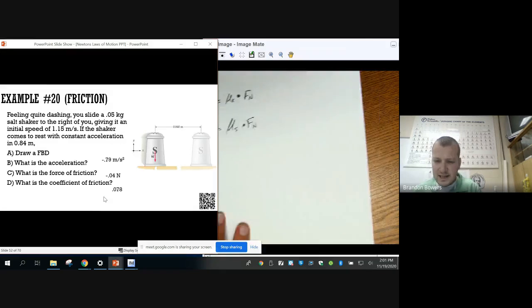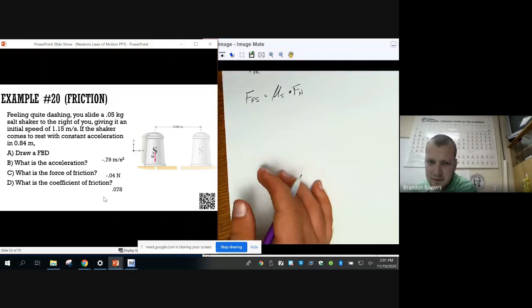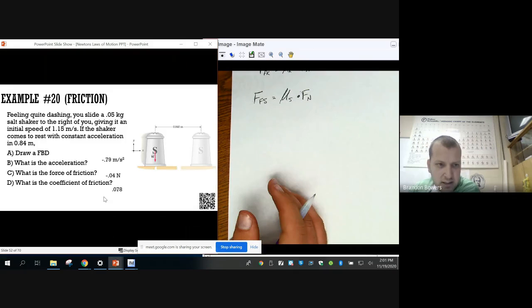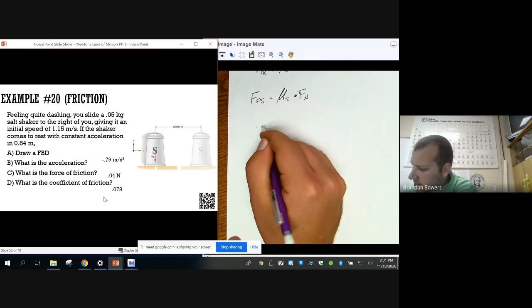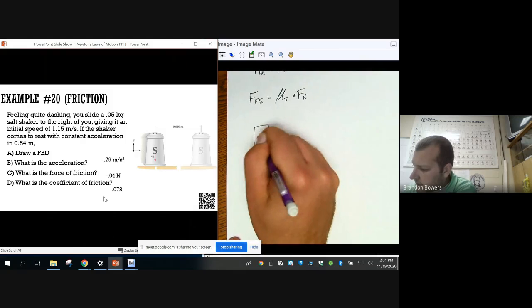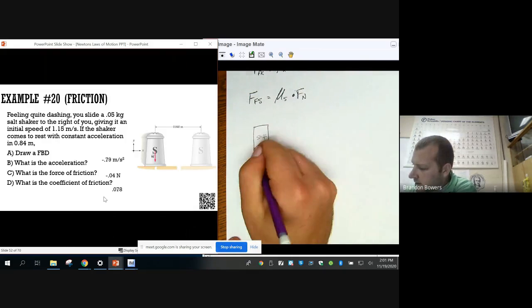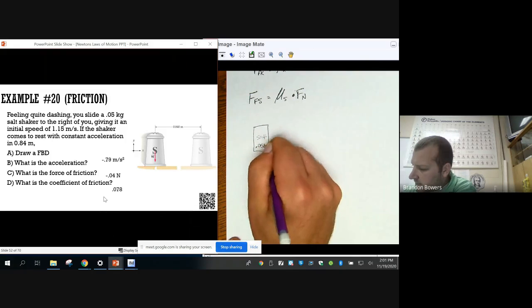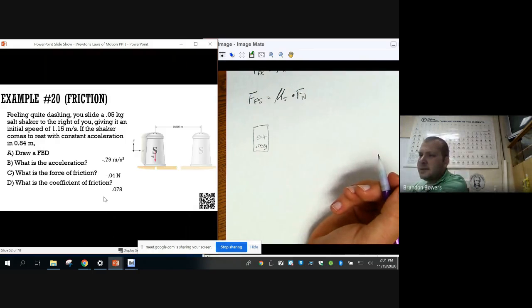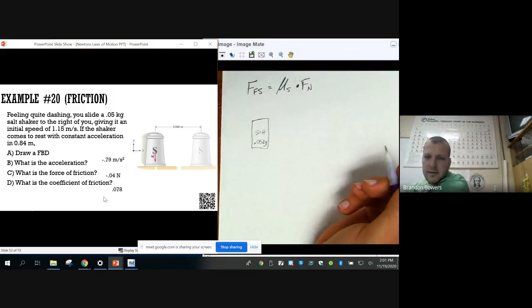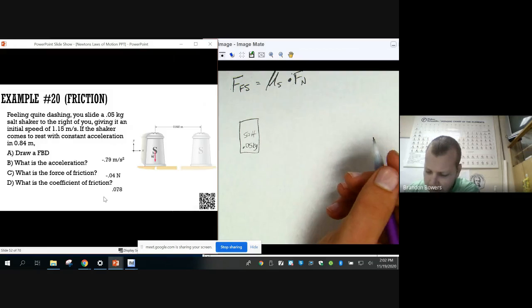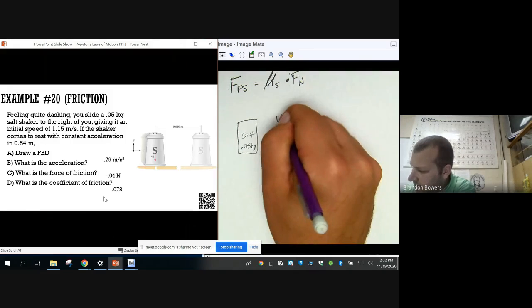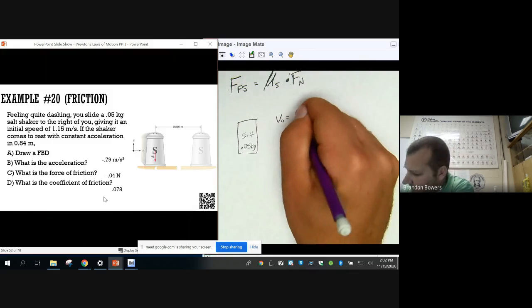Like I said, if you have to pause at any point in the video, please feel free to do so. Number 20 says, feeling quite dashing, if you slide a 0.05 kilogram salt shaker. I'm going to draw a salt shaker. There's my salt, and it's 0.05 kilograms. It says to the right, you give it an initial speed of 1.15.